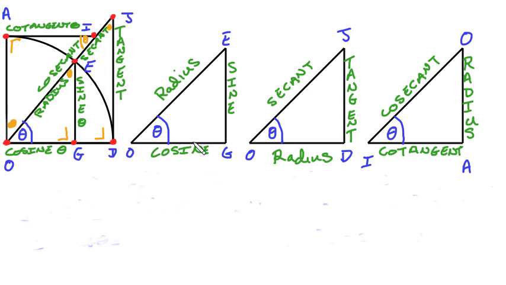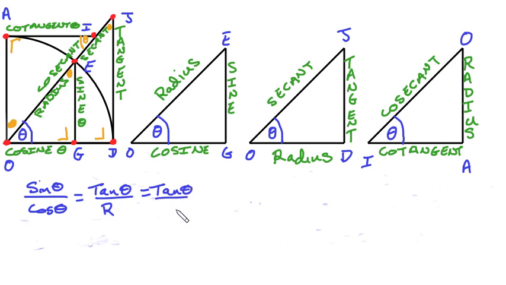So, still making use of the fact that these are all similar triangles, we can say that sine of theta to cosine of theta will have the same ratio as the tan of theta to the radius. And if we have a unit circle of radius 1, then sine of theta to cosine of theta will just be equal to tan of theta over 1, which is just tan of theta.